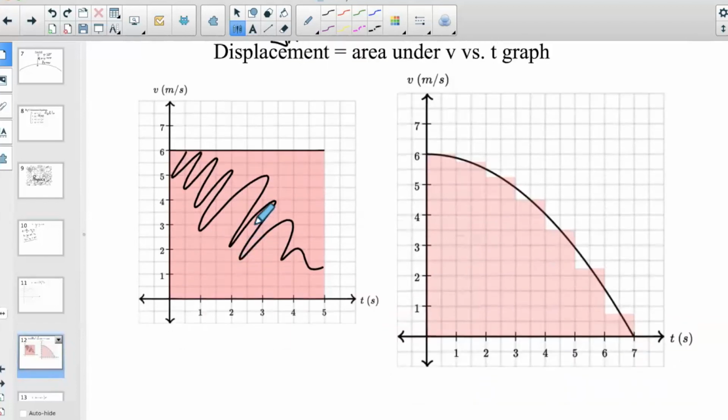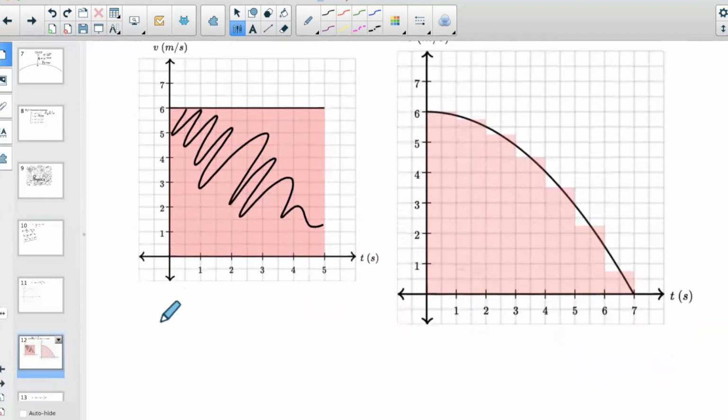Again, don't take my word for it. Try to figure out why. So let's try to figure it out. If this is a rectangle, constant velocity, 6 meters per second all the time, then our area under this is a rectangle. It's going to be base times height. Remember from geometry. So this is going to be your velocity as the height times your t, which is the base. All right, that's great.